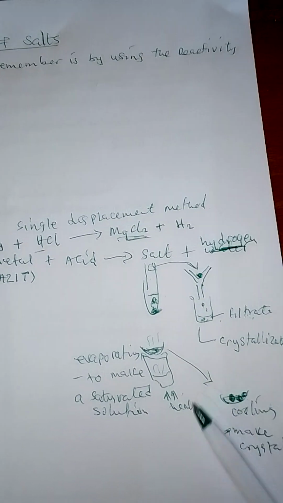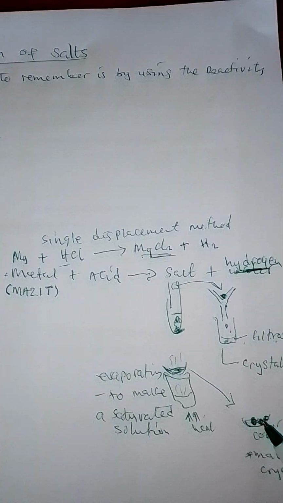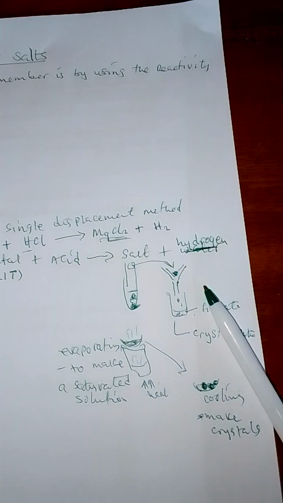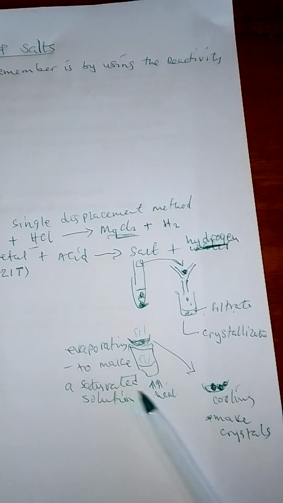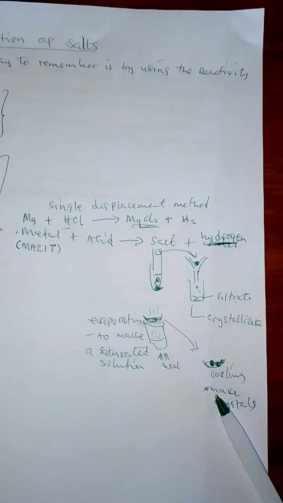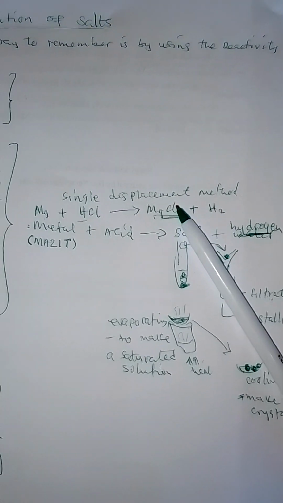So the whole process involved is crystallization, which starts with filtration, then comes to what? Evaporation, then you make crystals, and you collect dry samples or solid samples of any soluble salt.